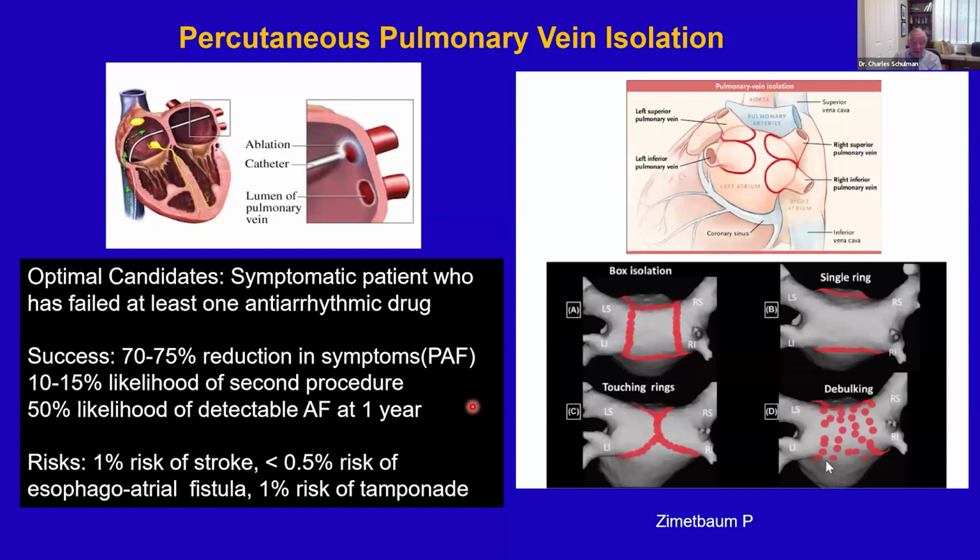It's 75% effective, although some people require a second procedure. And there's a 50% likelihood of detectable AFib at 1 year, but the AFib burden is much less. The risks are quite low.